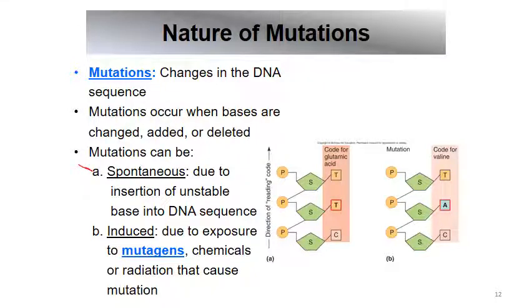So sometimes DNA can go through changes like this just on its own. It can be insertion at the base. We don't quite understand why. Induced mutations are caused by mutagens. Mutagens meaning chemicals or radiation. Okay, so know the difference. Know that induced is actually getting caused by an outside stimulus.